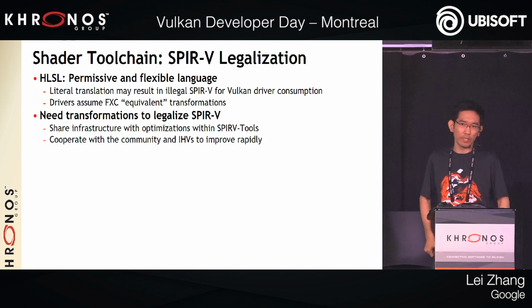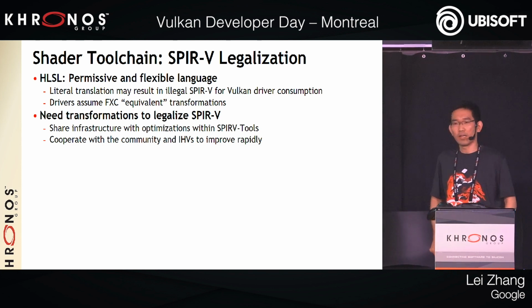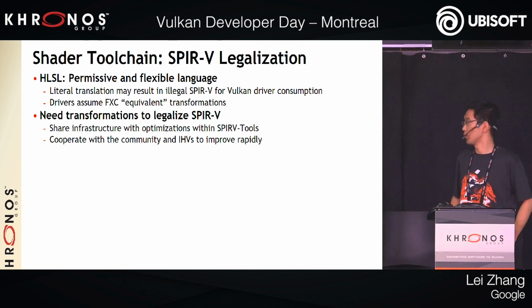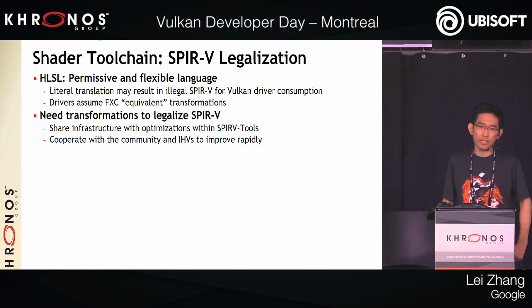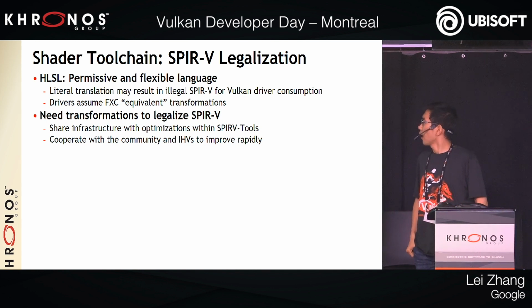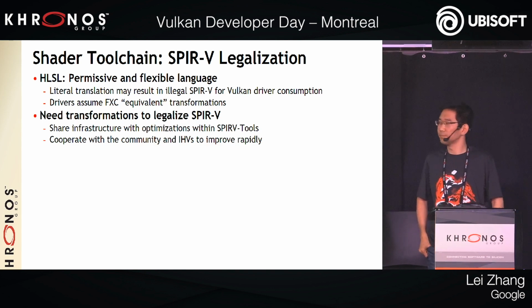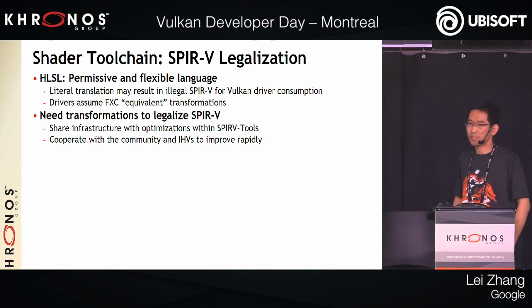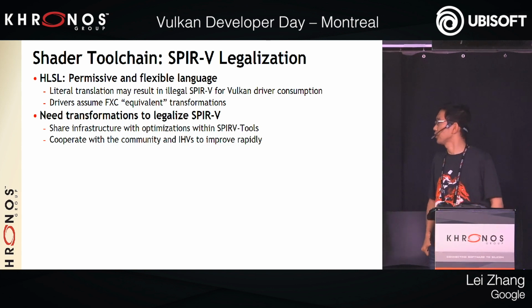Previously, HLSL could only be compiled by FXC. FXC is a highly optimizing compiler, so drivers are expecting HLSL-derived artifacts to have FXC-equivalent transformations done. That means we need transformations to legalize the SPIR-V to make it much simpler and more streamlined, like DXBC generated from FXC.